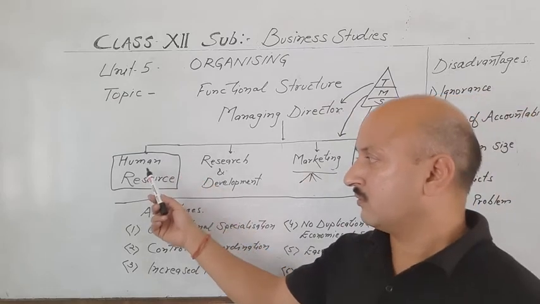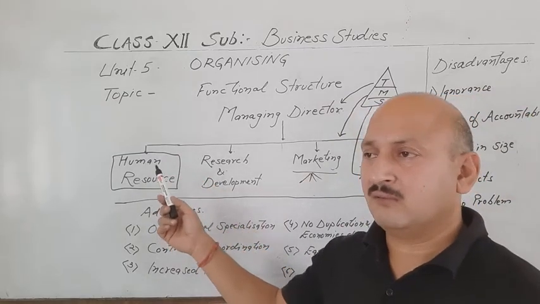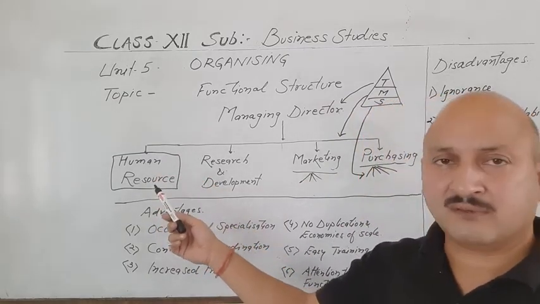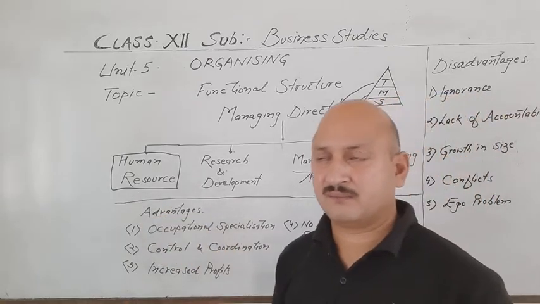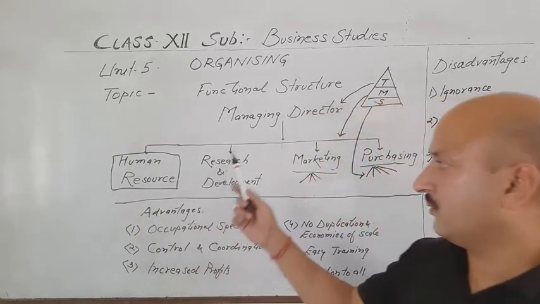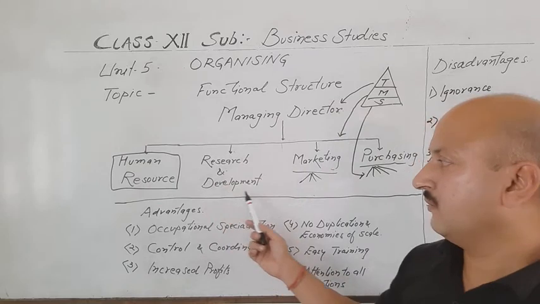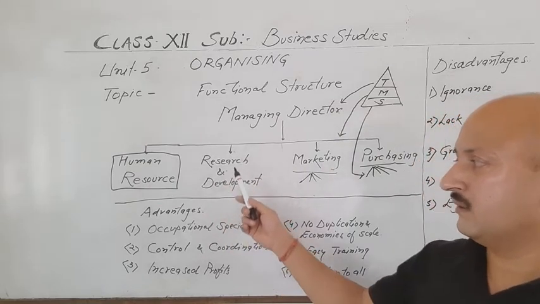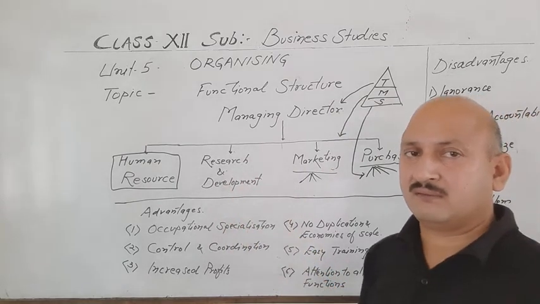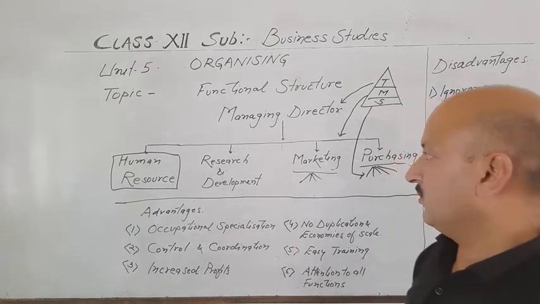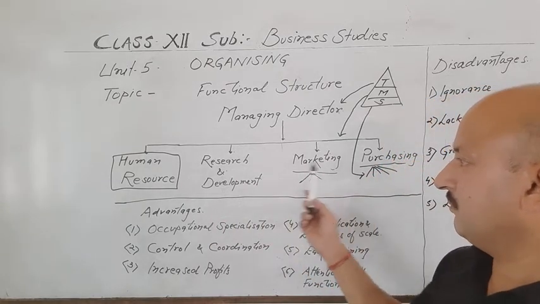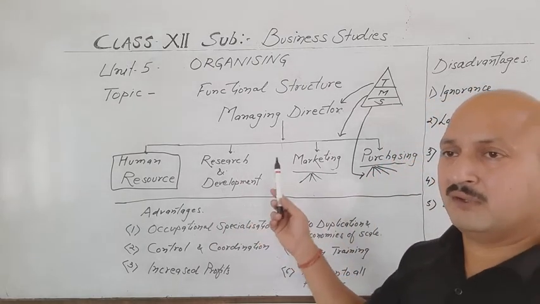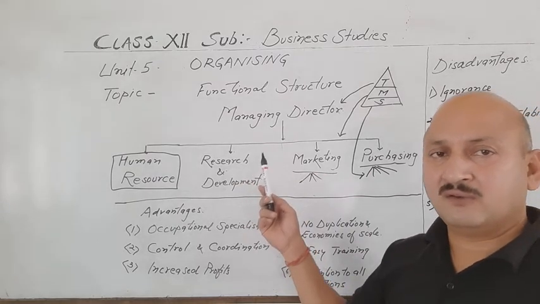So the human resource manager will see to it with the help of their supervisors. Similarly, all the research and development work will be handled by the research and development manager. So these are the middle level managers, appointed on the basis of their function.